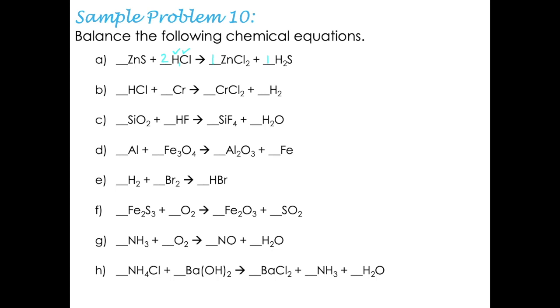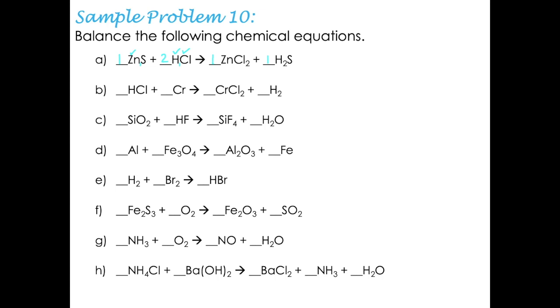Let's balance zinc and sulfur next. I have zinc right here, and notice there's only 1 because there's no value there, so you can assume there is only 1 zinc atom. And I have only 1 zinc atom here as well. 1 group of 1, of course, is 1. So I'm going to put a coefficient of 1 in front of ZnS. Let's double check sulfur.